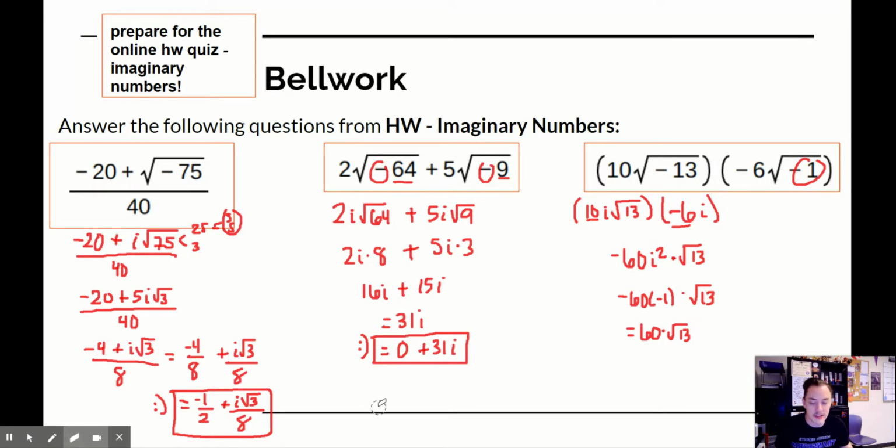I'm just going to put the plus i on the end. Technically, it's plus and then 0i. So that's technically my final answer. Basically, sort of, kind of, that is my final answer.